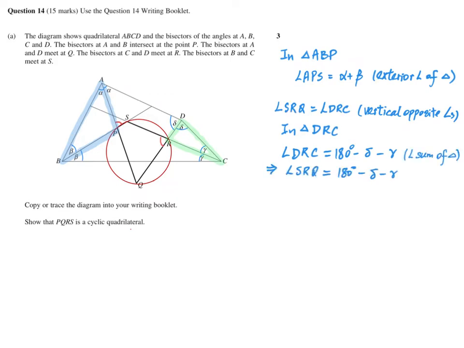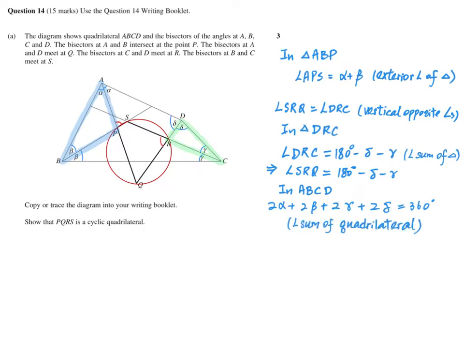Since these two angles are equal, we can conclude that angle SRQ is also 180 minus delta minus gamma. And now let's take a look at this quadrilateral ABCD. The four interior angles should sum up to 360. This is the angle sum of a quadrilateral.